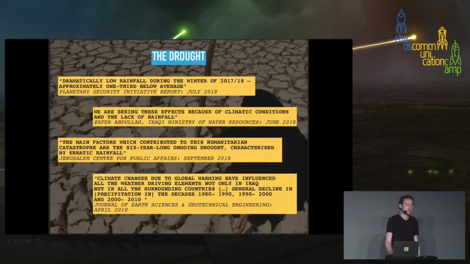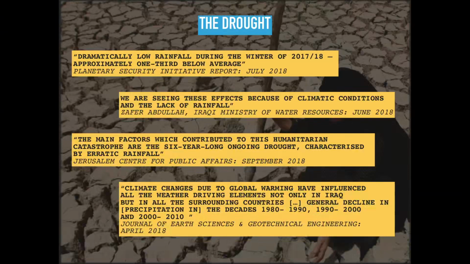But what was? The obvious answer here is the drought in the region. You've got a series of different quotes here from sources talking about the extent of this drought. Firstly, in the winter of 2017-18, they had 1/3 less rainfall than average. The Iraqi Minister of Water Resources blames this on climatic conditions and lack of rainfall. Then you have another source, the Jerusalem Center for Public Affairs, talking about a 6-year-long ongoing drought characterized by erratic rainfall.